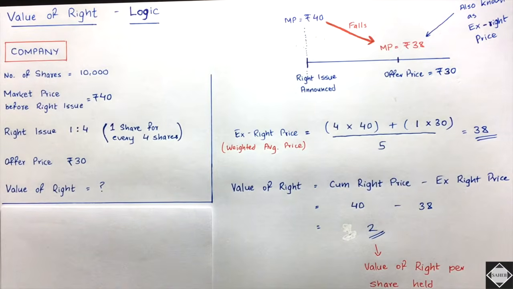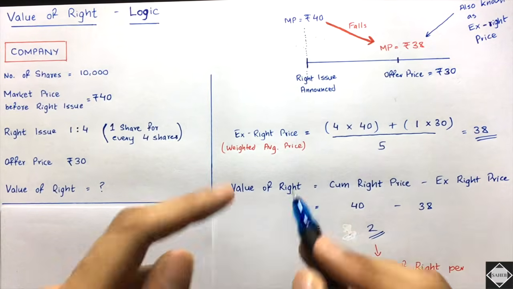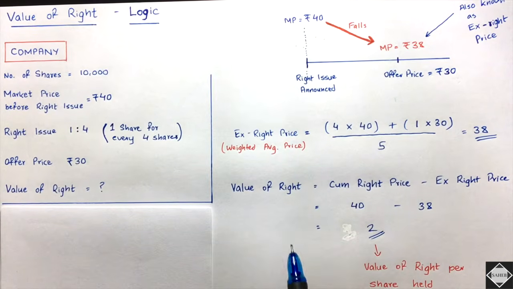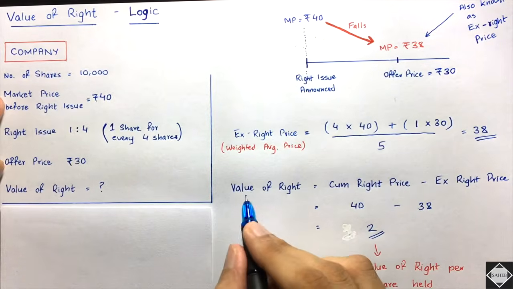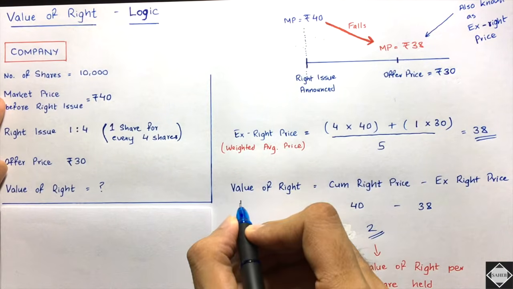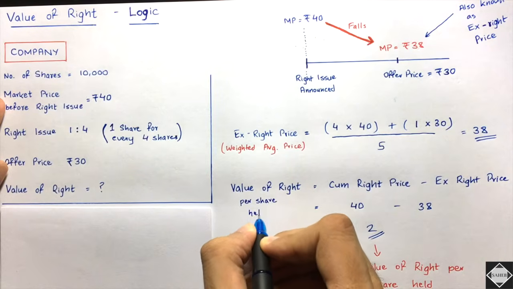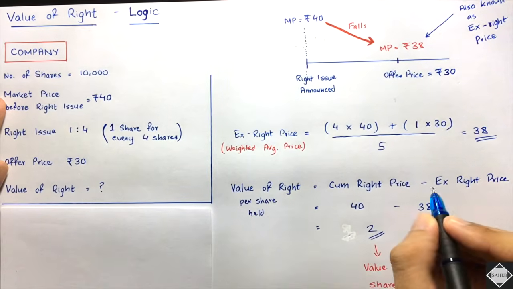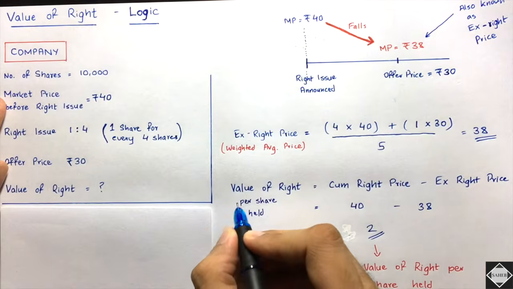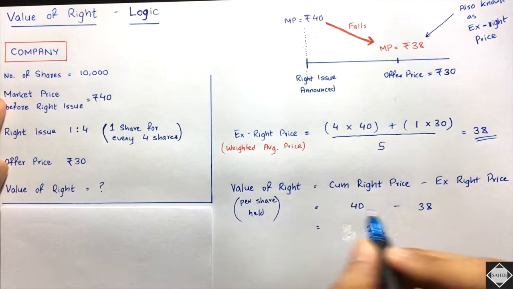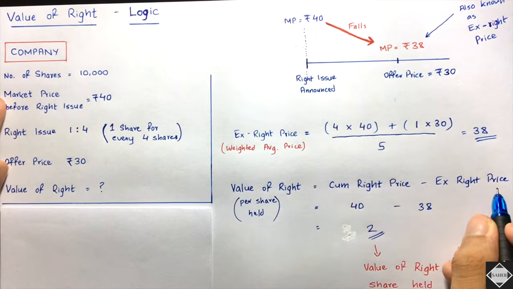But in our module, this formula is there: first we calculate the value of right per share held. According to this formula, cum-rights price minus ex-rights price.